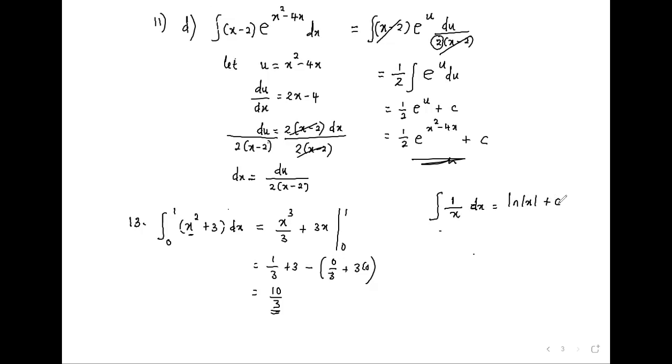So this will mean every time I have a derivative in the numerator and the function whose derivative is up in the denominator, then the integral is going to be ln of u plus c. Every time we have the derivative up there, and this is mostly used when you're asked to integrate via partial fractions.